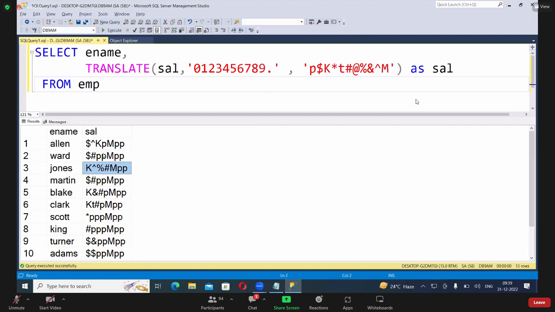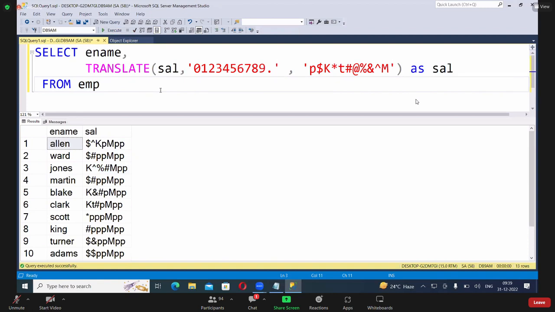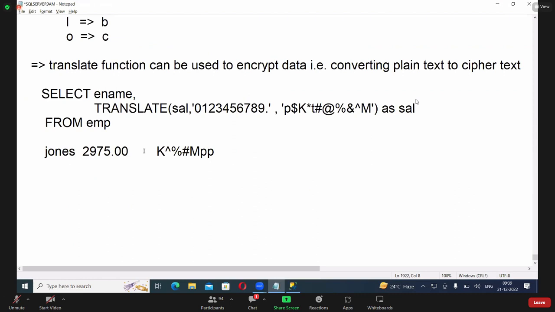Sir, okay? Now it is showing the salaries like this. But if someone sees the salaries, they don't understand what the actual salaries are. That's all. So this is what translate is.